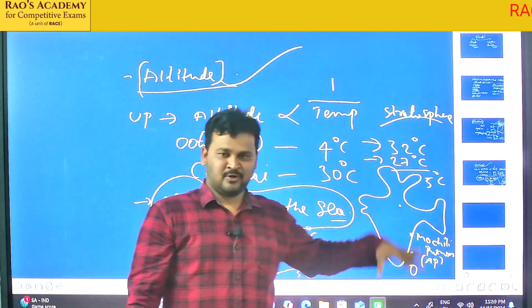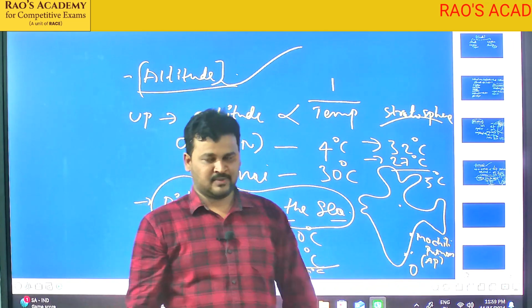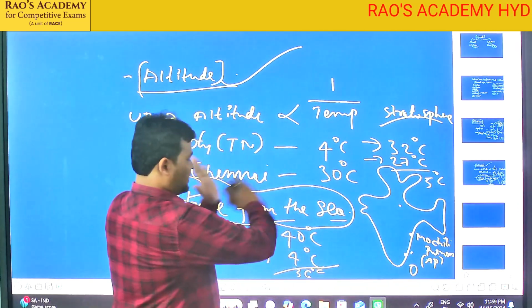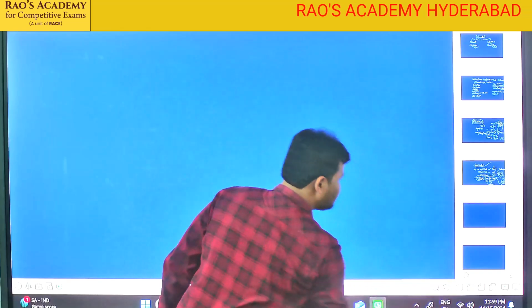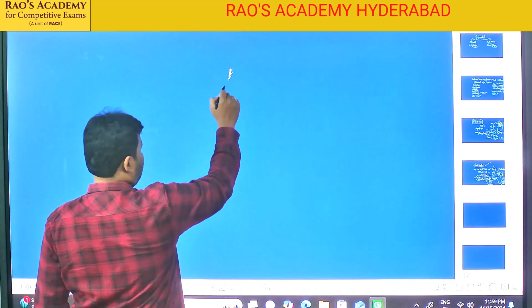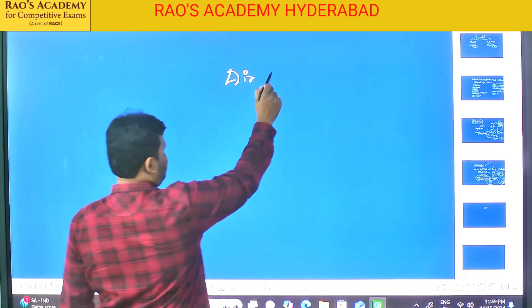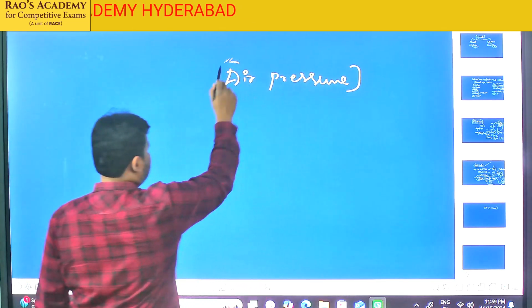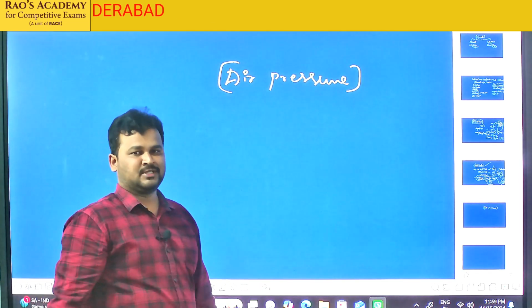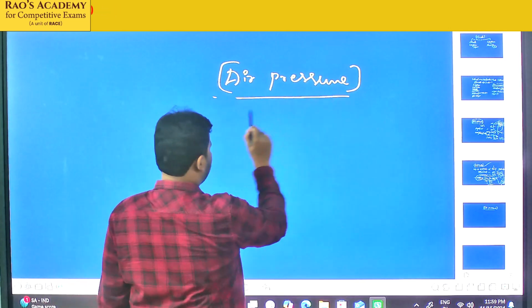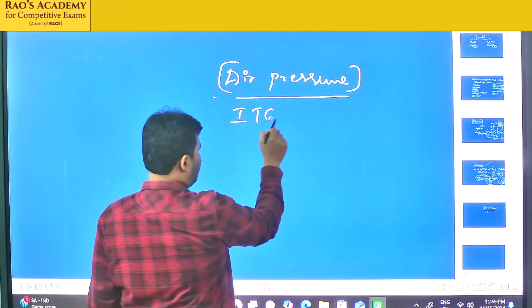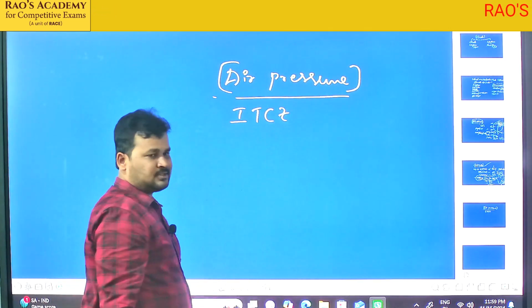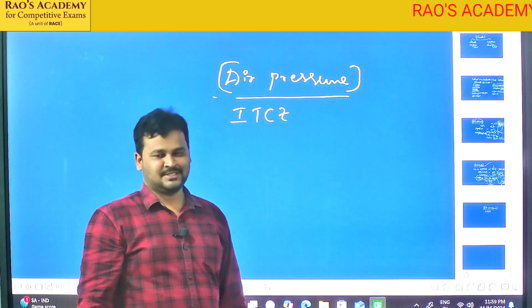Okay. So some more factors are there, which I can explain. Let us go to some more concepts which are related to air pressure. Under air pressure, we need to discuss ITCZ, the intertropical convergence zone.